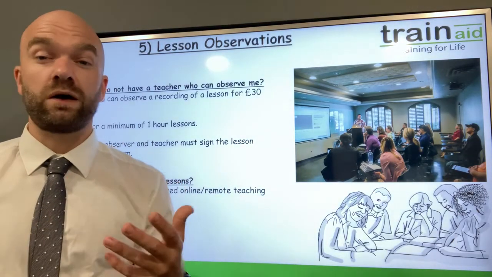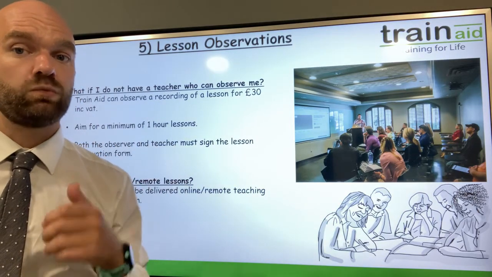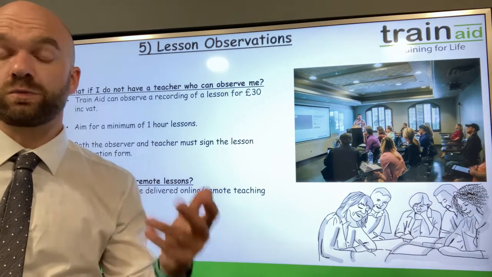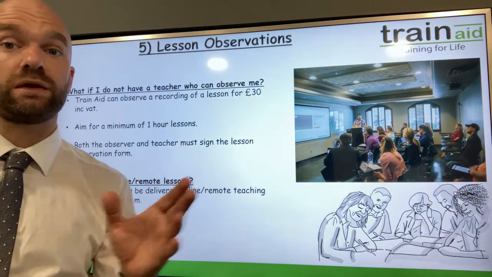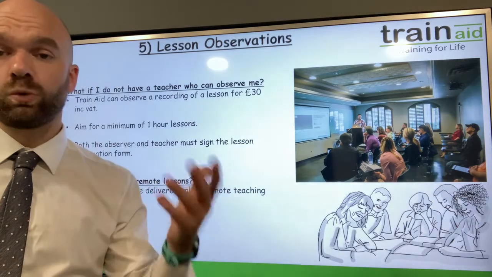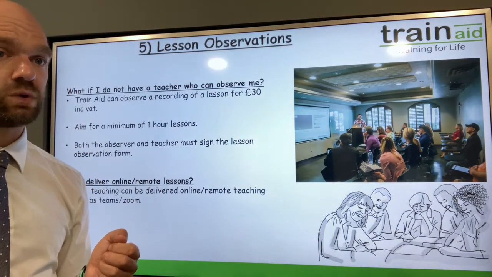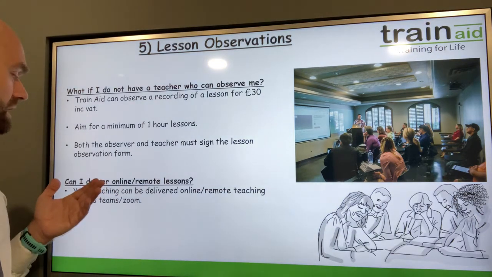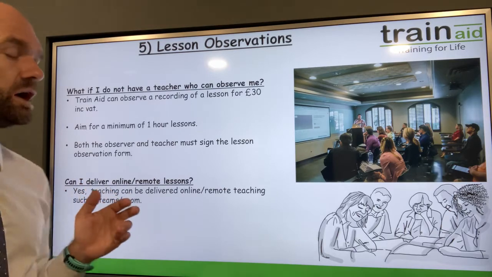A 1 hour lesson would be £30 including VAT, and we can write up an observation following a recording of your lesson. So do aim for 1 hour, and that will make it easier for the team to write up the observation report as well.